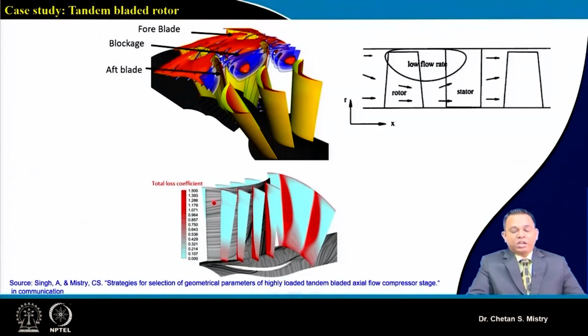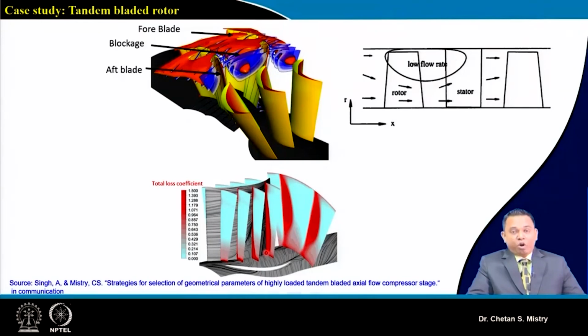That will make the design of the stator very challenging. And if you look at, this is the exit total pressure loss coefficient. If we observe it, it is coming out higher. We can say we are having the separation of the flow happening on the suction surface of the stator.